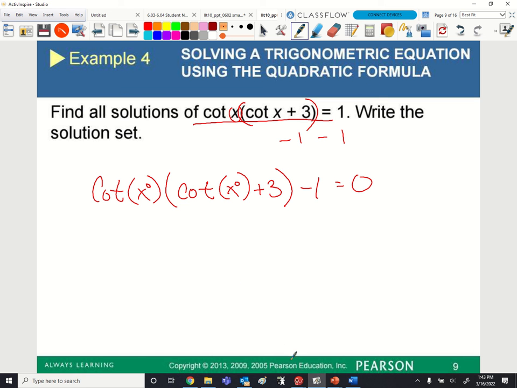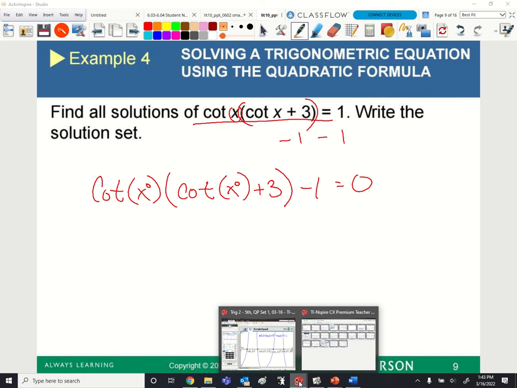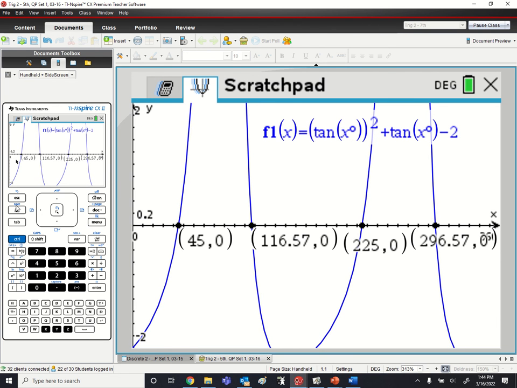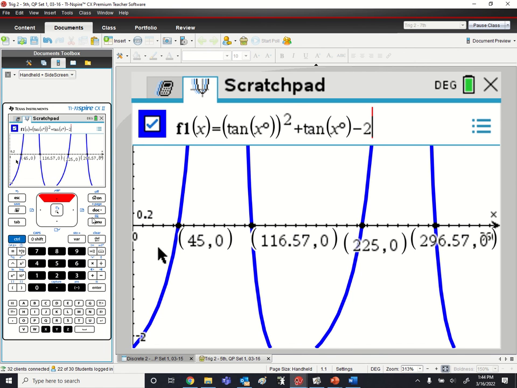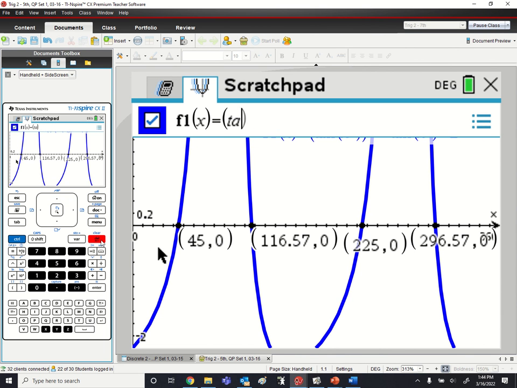All right, I'm going to start entering it now. And if you don't want to set up your window every time, you just hit tab, arrow up, and delete the previous one. That's the easiest way to do that.